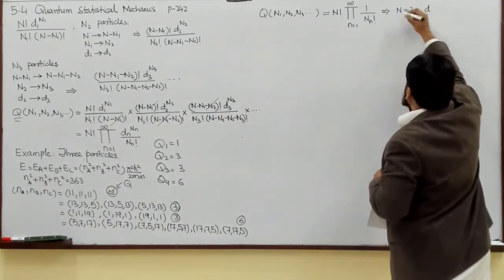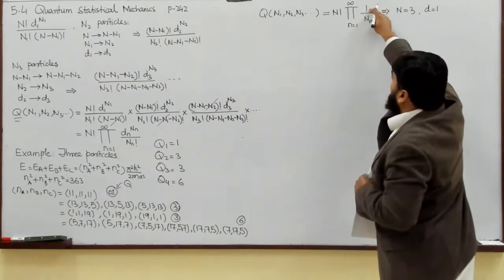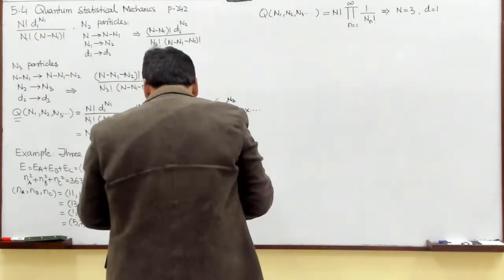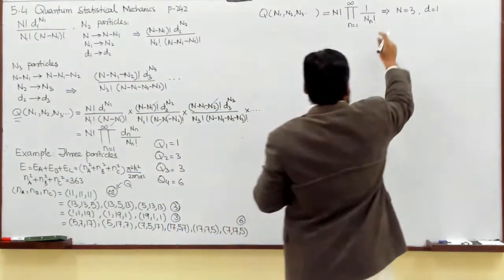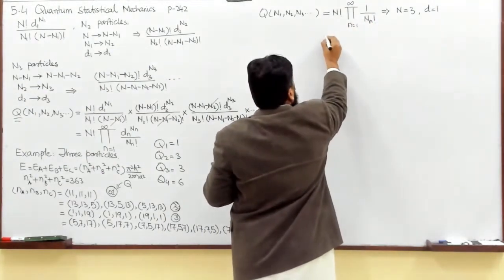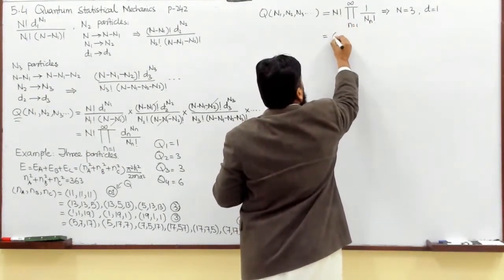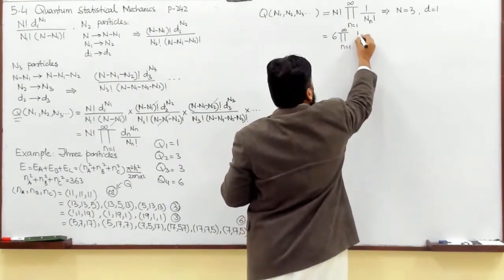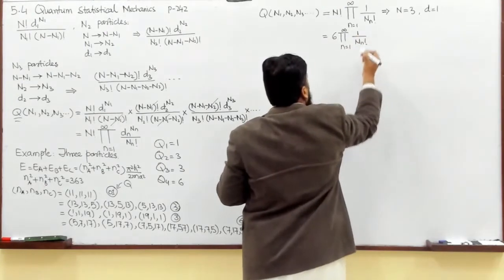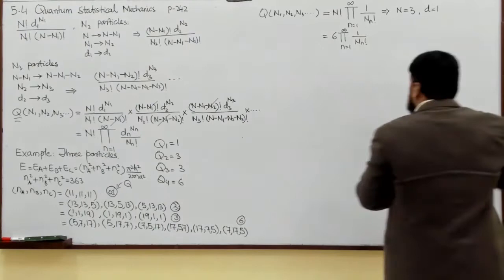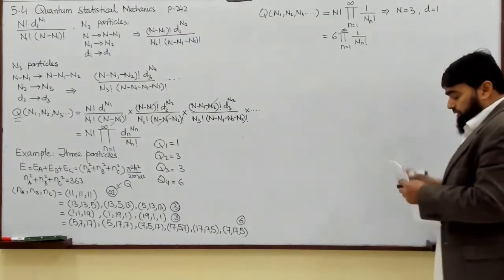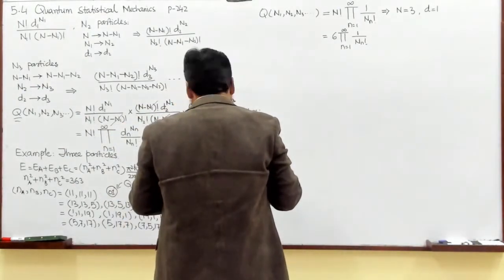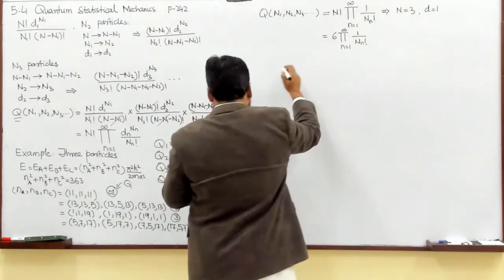The degeneracy is 1 for all the states, so I have already put it here. Now I can simply write that 3 factorial is equal to 6, and the product runs over n from 1 to infinity, of 1 over n factorial. So this is our simplified result, and now we will calculate our Q's, the number of ways.